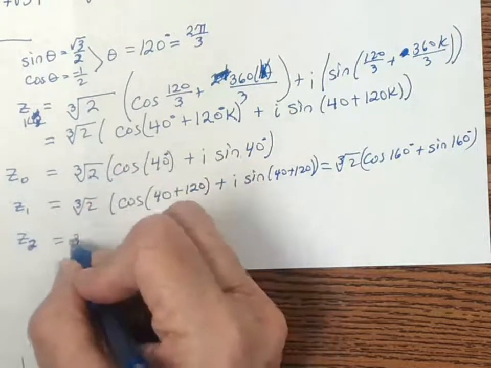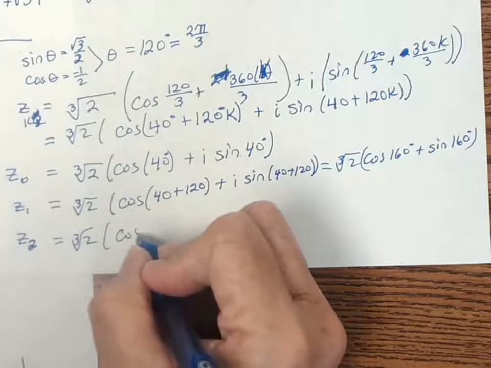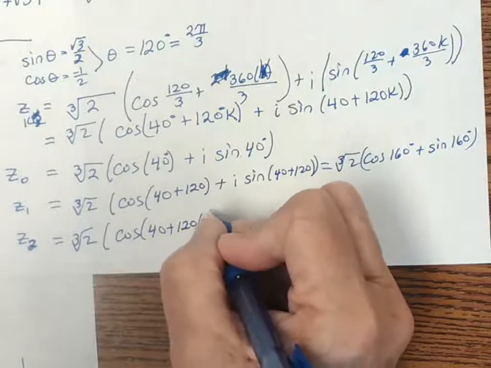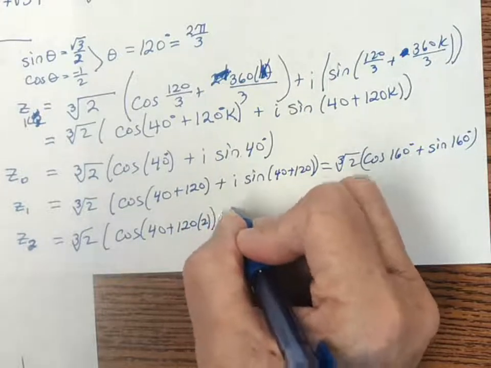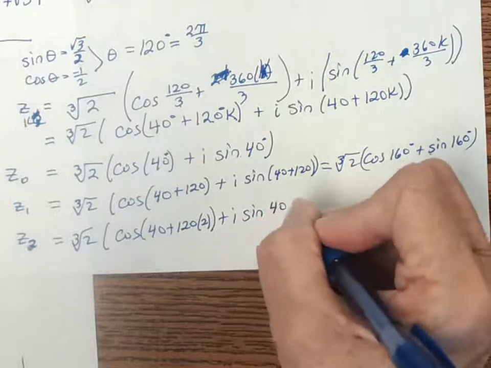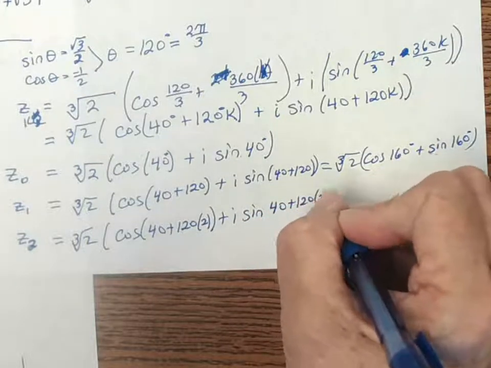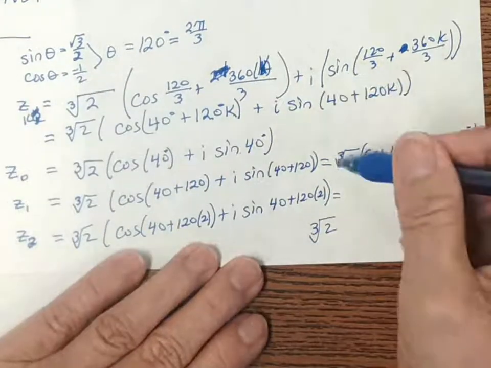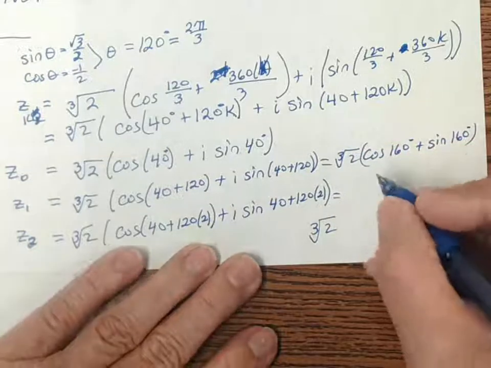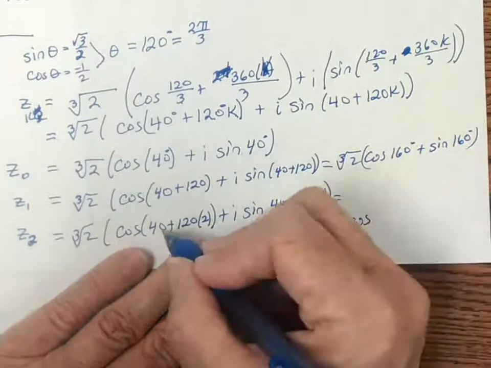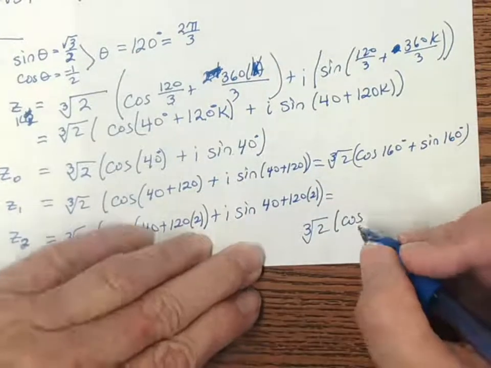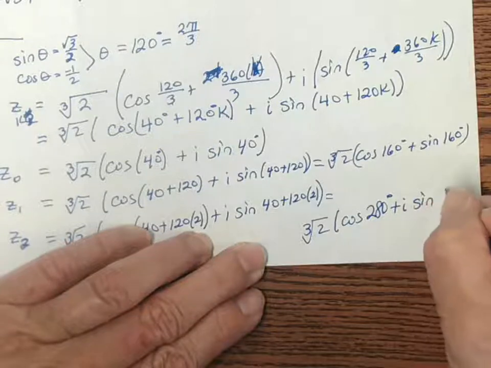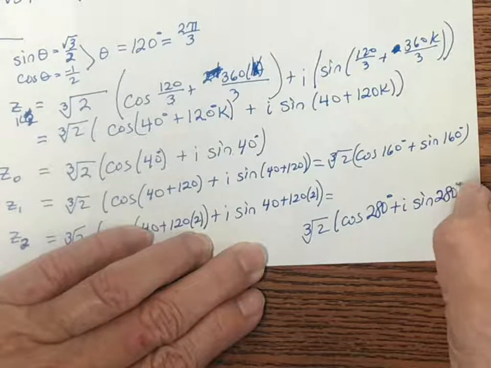So we've got the cube root of 2 again, times the cosine of 40 plus 120 times 2, plus i times the sine of 40 plus 120 times 2. Let's simplify that. We have the cube root of 2, and notice all of these stay the same radius, times the cosine of 280 degrees, since 240 plus 40 is 280, plus i times the sine of 280 degrees.